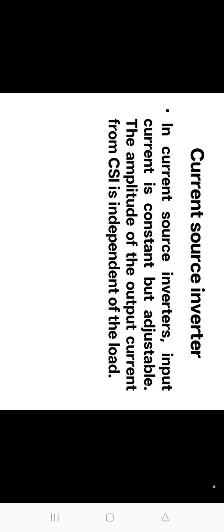This is achieved by inserting a large inductance in series with the DC supply to enable changes of inverter voltage to be accommodated at low value of dI by dt. Now we have to see the single phase capacitor commutated current source inverter with resistive load. Capacitor C in parallel with the load is used for storing the charge for commutating the IGBTs T1, T2, T3, T4 of the power circuit.